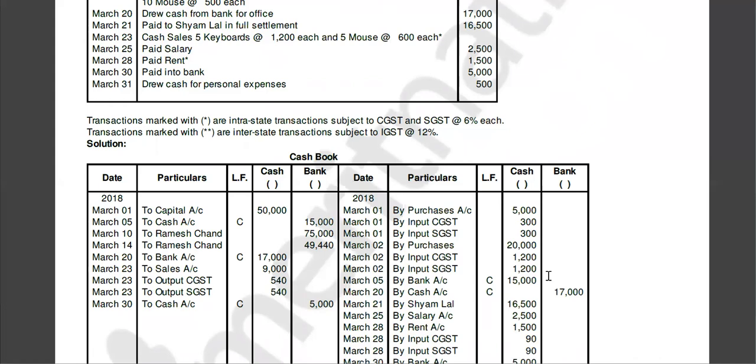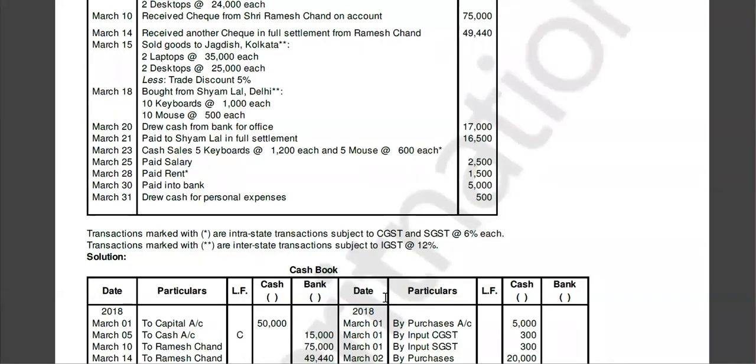So bank playing credit role, so 17,000 you have to write in the credit side. Then March 20.